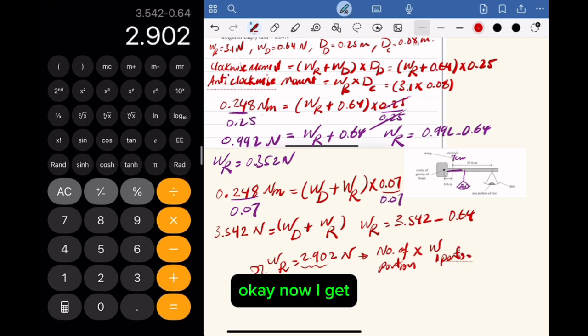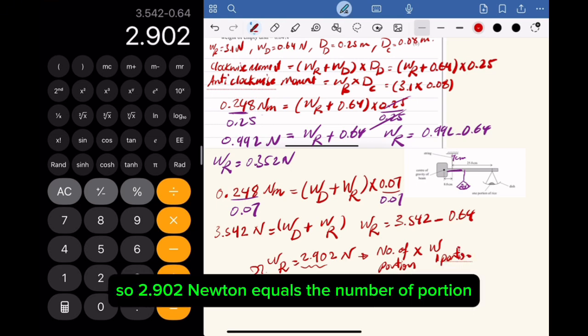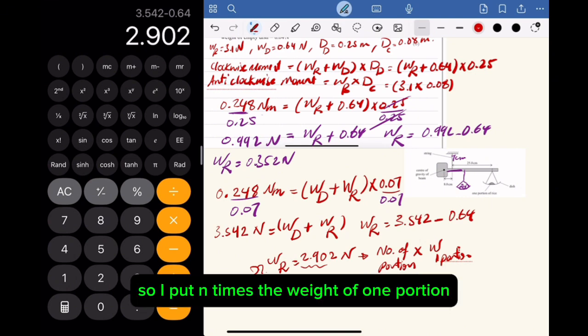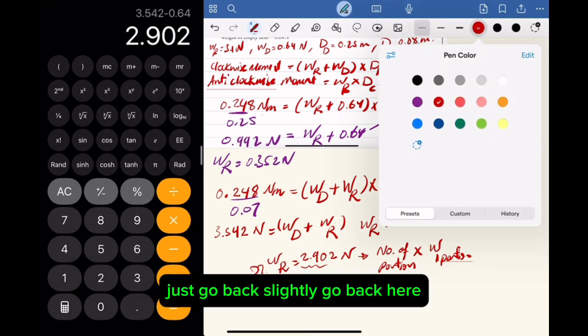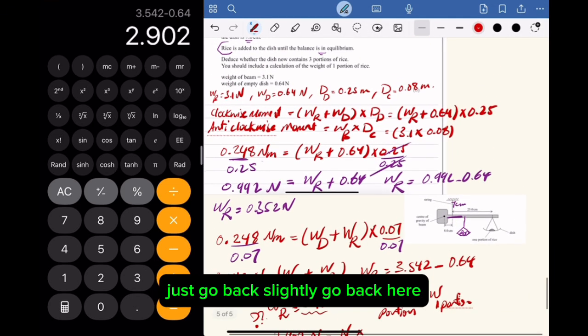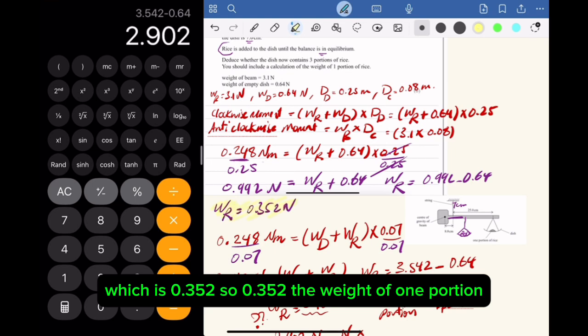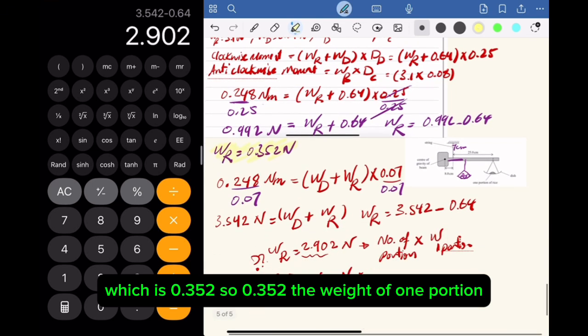So 2.902 Newton equals the number of portions, which is unknown, so I'll put n, times the weight of one portion. Just go back slightly and highlight the weight of one portion of rice, which is 0.352.